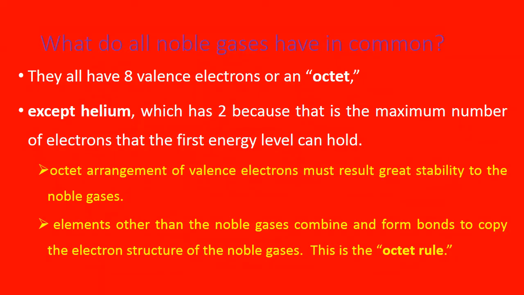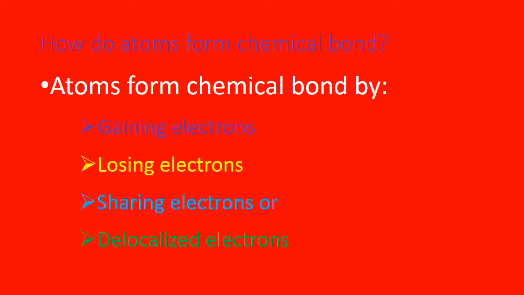So the octet rule states that all atoms tend to have 8 electrons in their valence shell to become more and more stable. But how can atoms do this? In other words, how do atoms form chemical bonds?